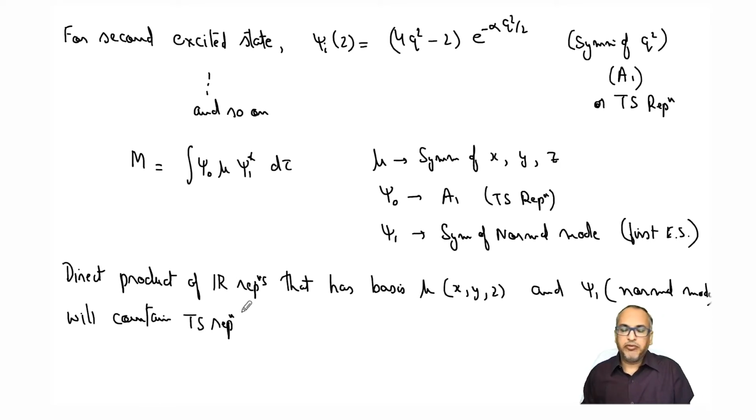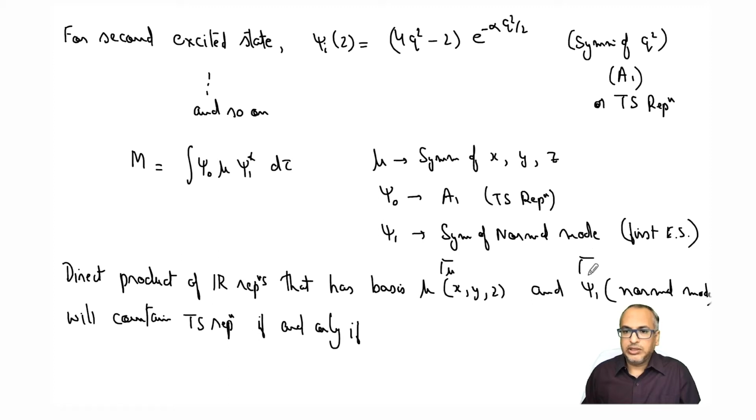This is again coming from the direct product application, if and only if, let us call this tau mu and this tau psi 1, tau mu is equal to tau psi 1.